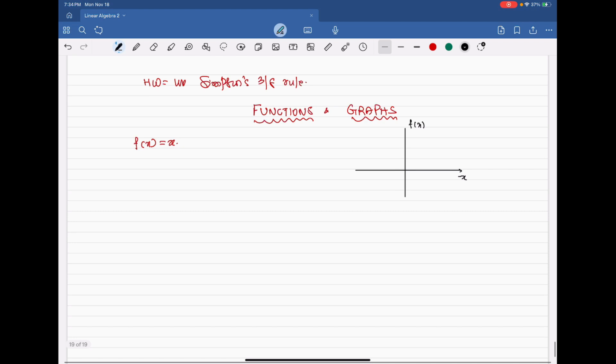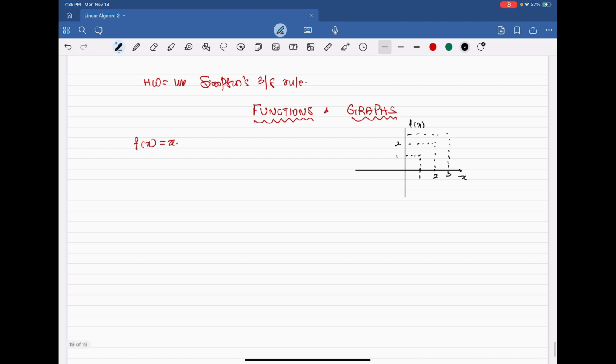Now, you tell me, how do you draw function x is equal to x? If x is equal to 1, function x value is 1. If x is equal to 2, function x value is 2. If x is equal to 3, function x value is 3.